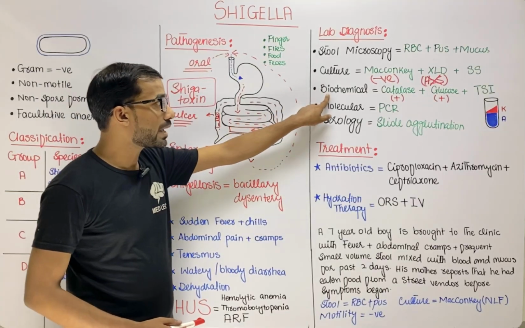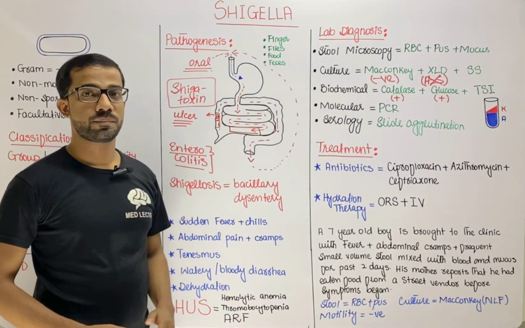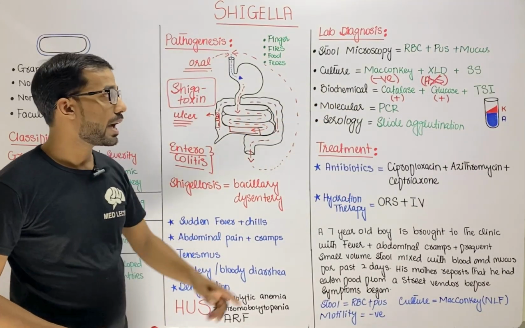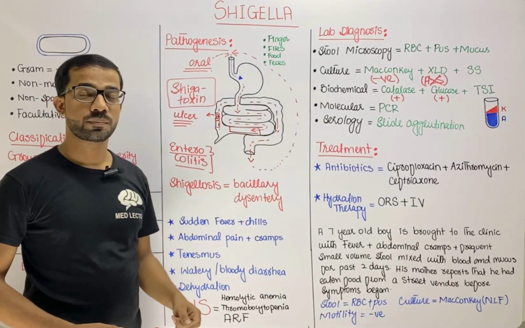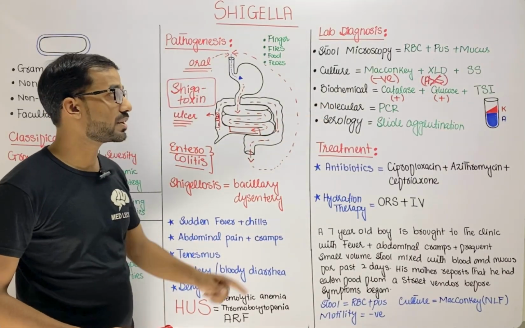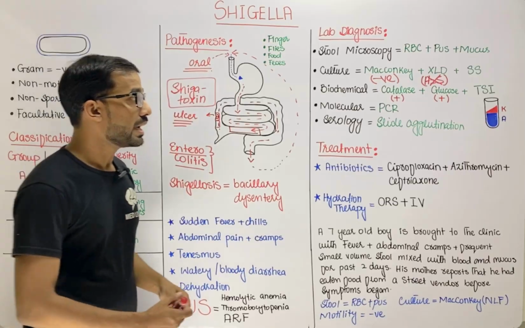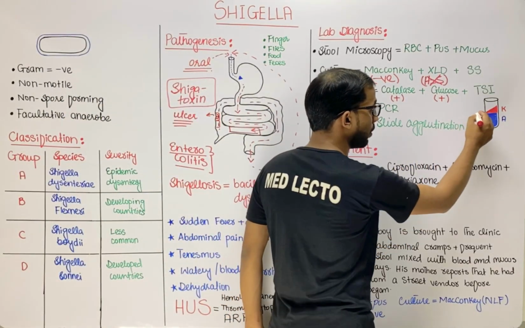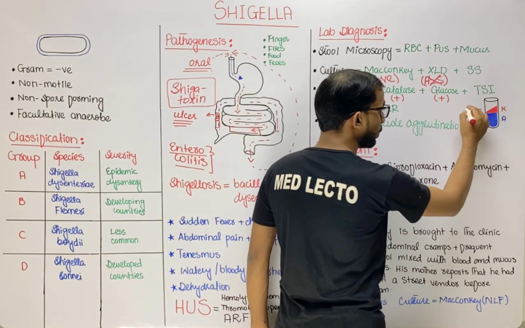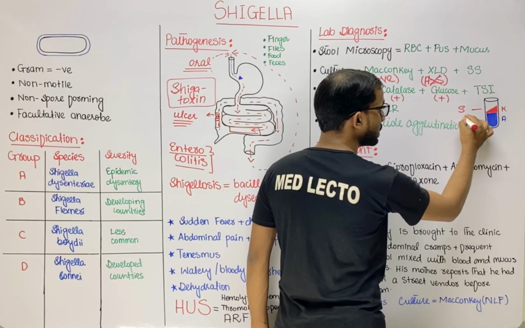And in the biochemical tests, it is catalase positive, and the glucose fermentation test is also positive. In the triple sugar iron test, it has two parts. At the top you will see the slant, and at the bottom you will see the butt.